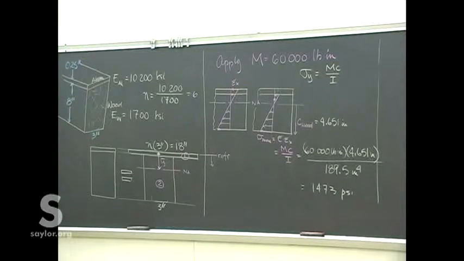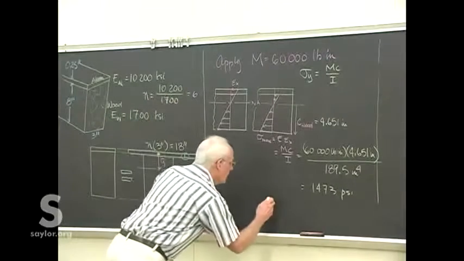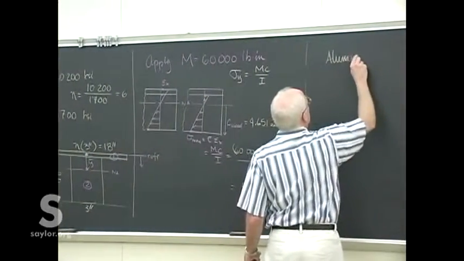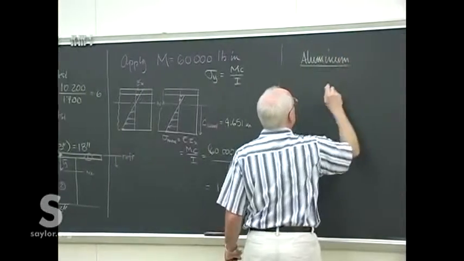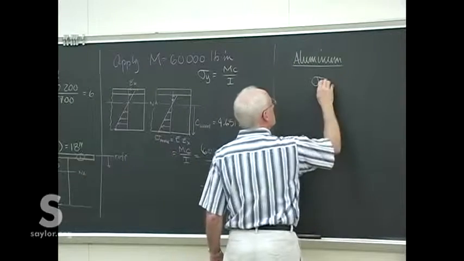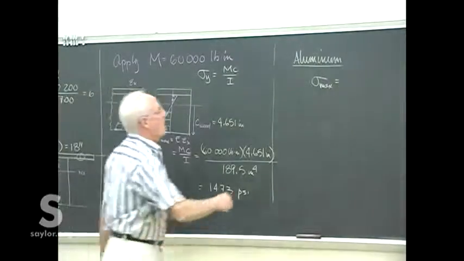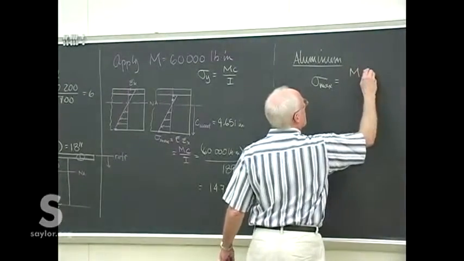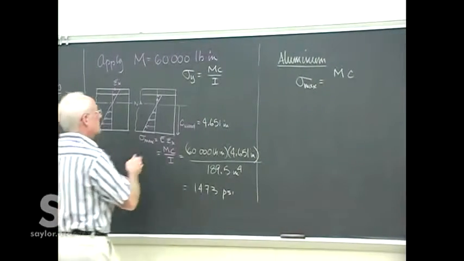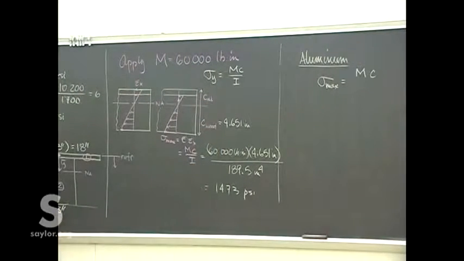Now, the distribution in the aluminum is a little bit different. We do the same basic calculation. Now we're doing the aluminum, we're looking for the maximum. We know it's linear in between. It's the same moment times C for the aluminum, which is that little bit left over.